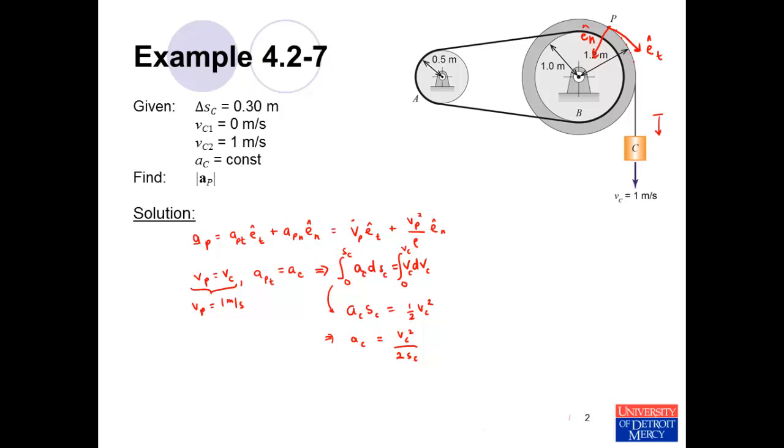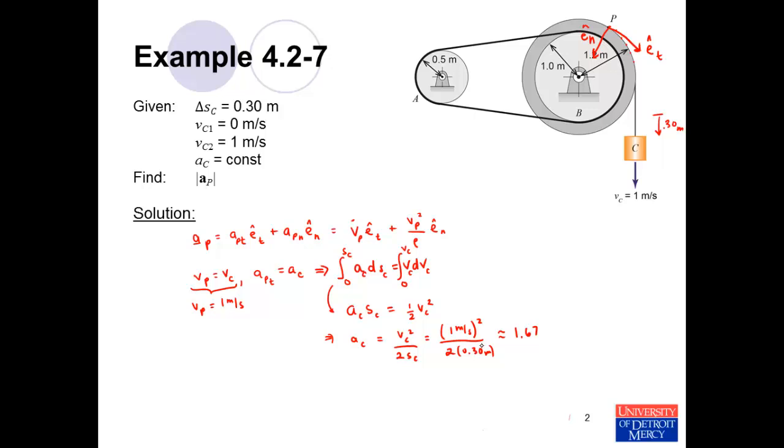We specifically want to know the acceleration when the mass reaches 1 meter per second after it's fallen 0.3 meters. So we substitute those values, 1 meter per second, square that, 2 times 0.30 meters. 1 divided by 0.6, if we round, it's approximately 1.67.